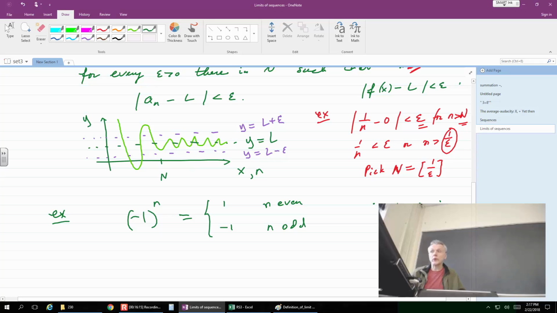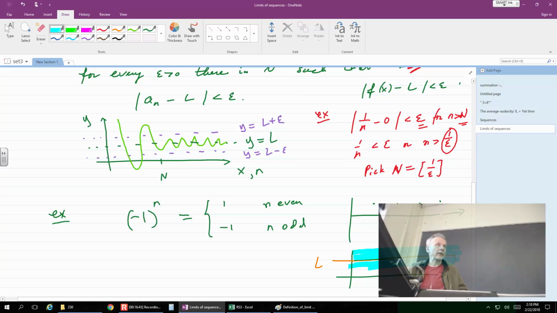Remember what you are facing is that you're supposed to have a number. So this is our sequence, but what we expect to have is some kind of number L, and we're supposed to be able to fit our sequence in a band around that number.